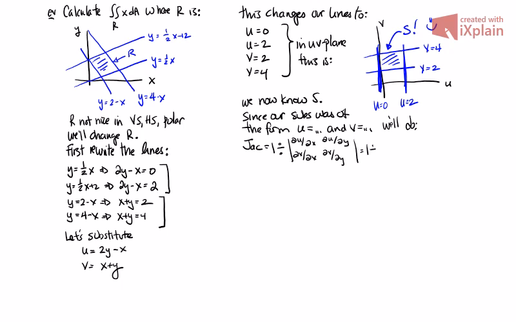This is 1 divided by, so partial u, partial x is -1, partial u, partial y is 2, and then 1 and 1, these other twos. This determinant is 1 times -1 minus 1 times 2, so that's -3. So this is -1/3. That's great, we know the Jacobian.